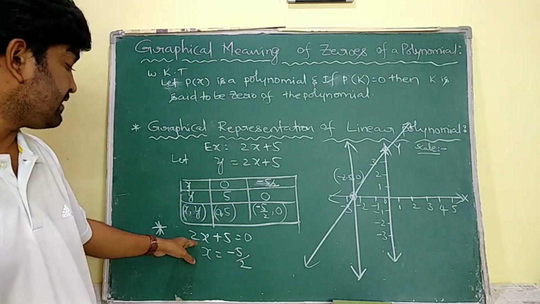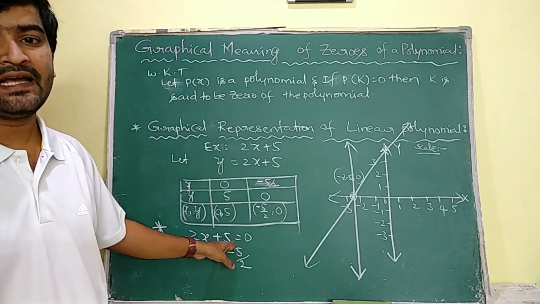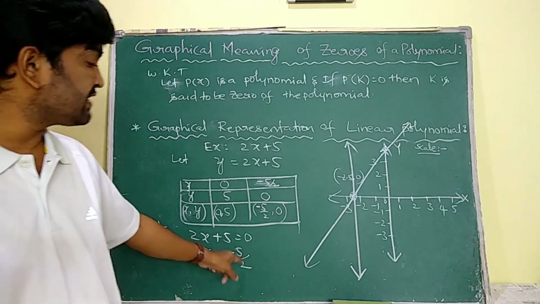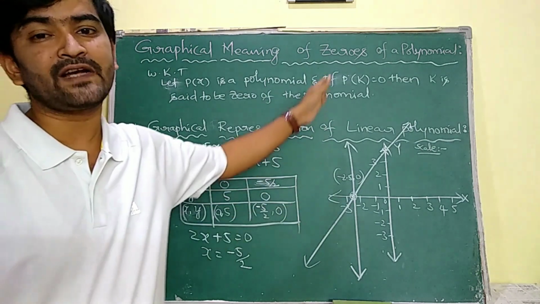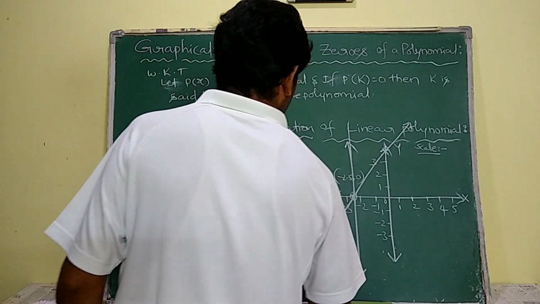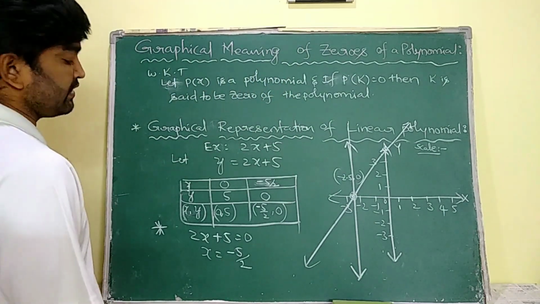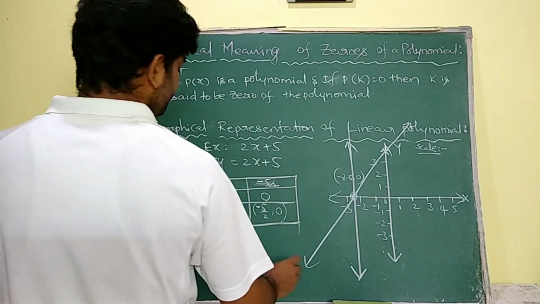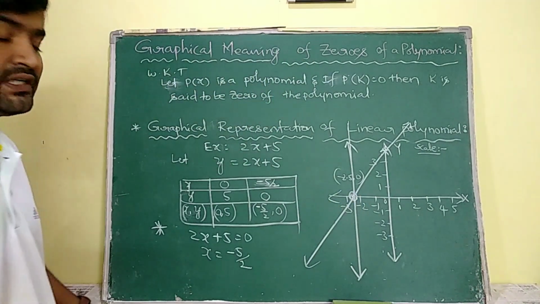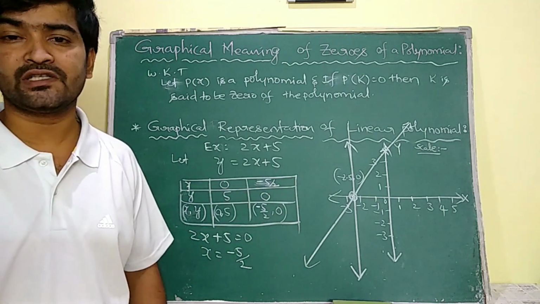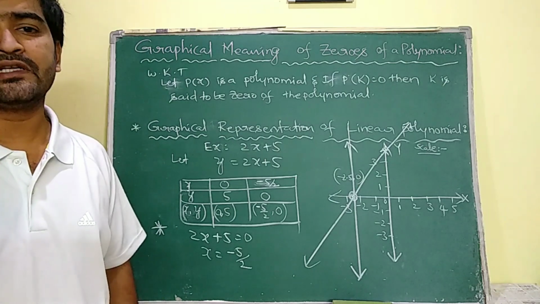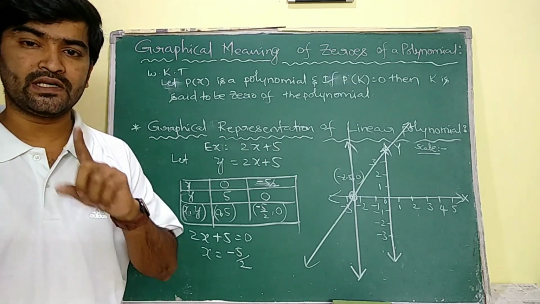Now he gave the 2x + 5 polynomial in equation form, so directly you calculate the x value, that is -5/2. This is the line x = -2.5. It touches the x-axis at -2.5, so it also has 1 zero. Understand? A linear equation in one variable has 1 zero.